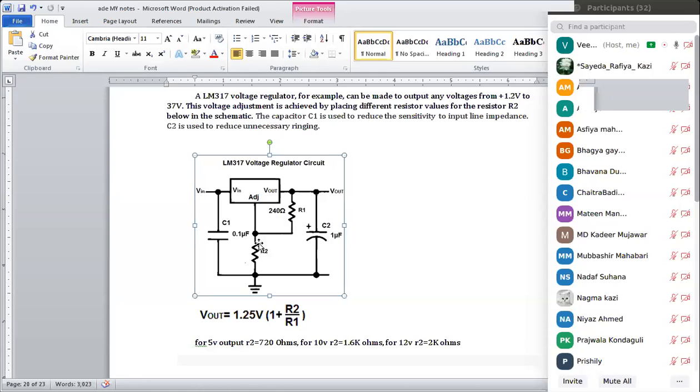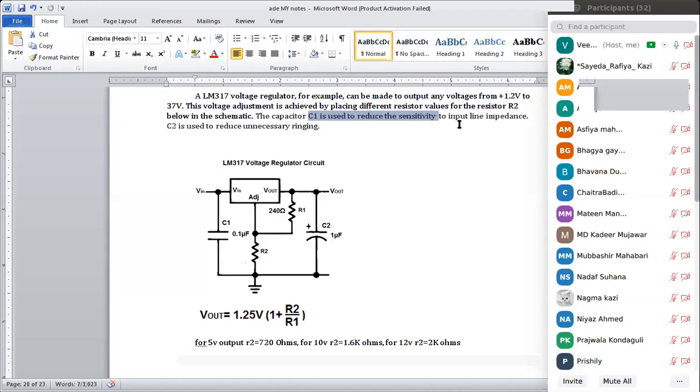Basically, the capacitor C1 is used to reduce the sensitivity to the input line impedance. C2 is used to reduce the unnecessary ringing. Ringing means the same thing happening twice, thrice, repeating.